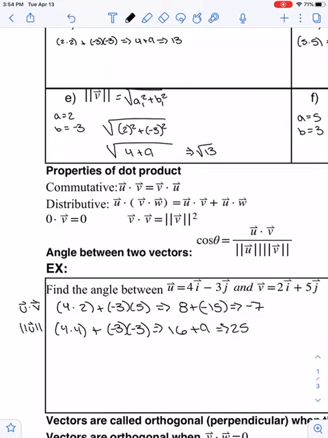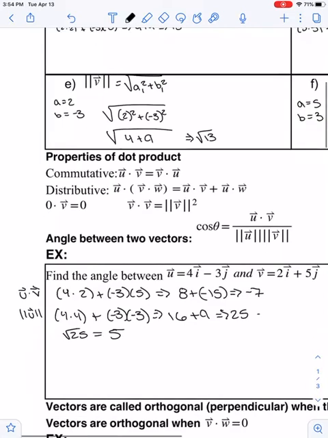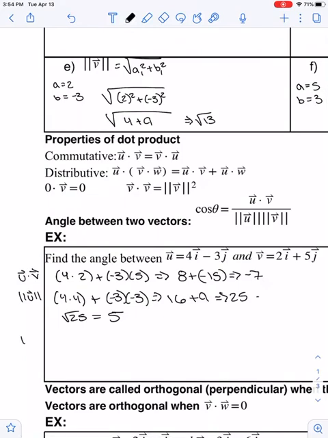And then 16 plus 9 is 25, and then you plug that in the square root. So the square root of 25 equals 5. And then we can do v. And I'm going to use the magnitude formula this time of the square root of a1 squared plus b1 squared. So 2 squared plus 5 squared, which equals 4 plus 25, which is the square root of 29.